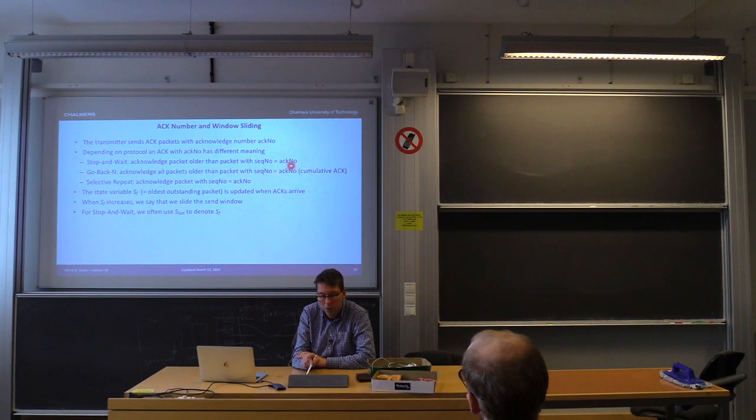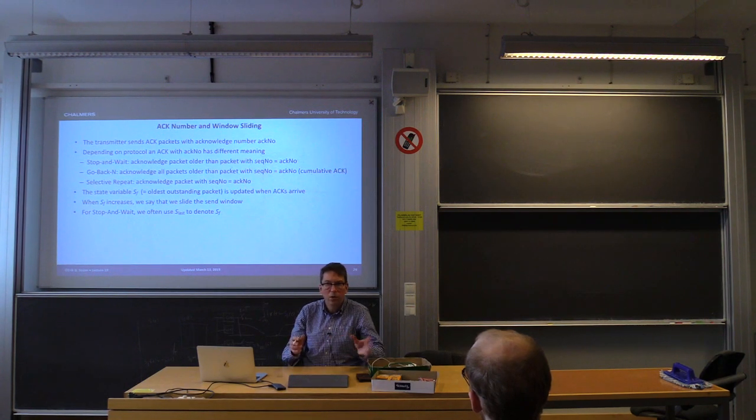In go back N, we acknowledge all packets which are older than the packet with sequence number equal to the ACK number. Here we use these cumulative ACKs. And for selective repeat, this acknowledges one particular packet, namely the packet which has sequence number equal to the ACK number. So it's a slightly different interpretation in these three cases.